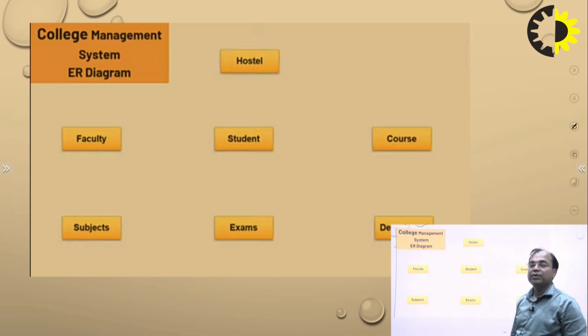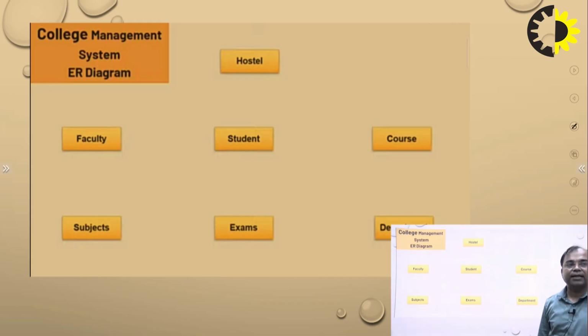So we must take this entity in the ER diagram. Next we have faculty, courses, hostel, exam, department and subject. So here we take 7 entities, but we can take only 7 or more than 7. It all depends on us, on what we are going to draw and what the basis of our ER diagram is.